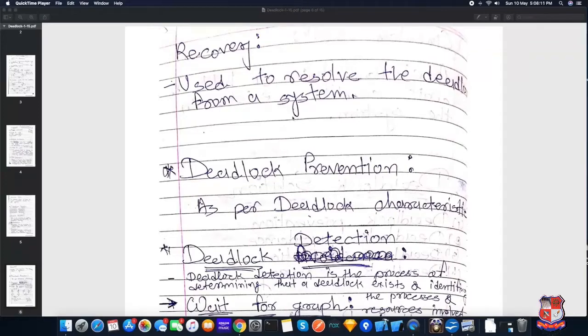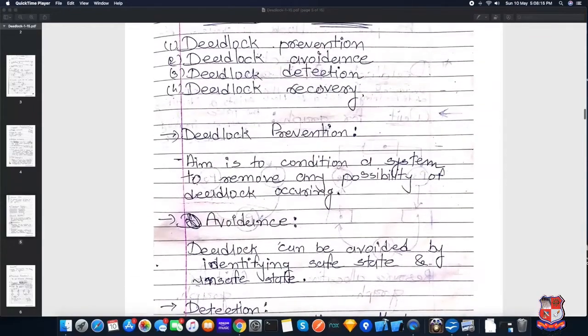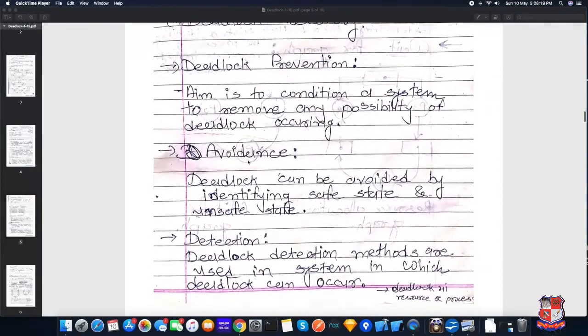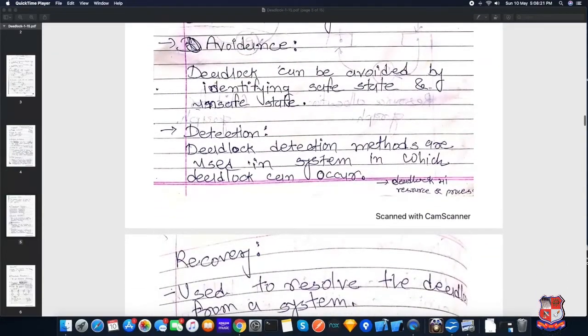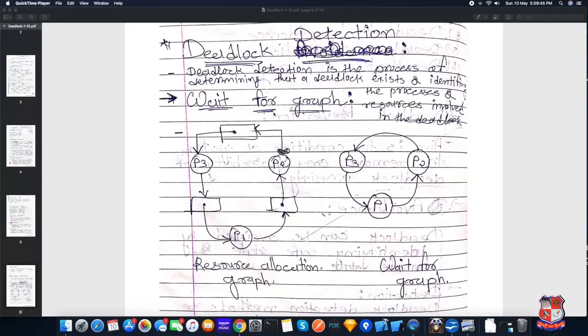So these are the four main concepts of deadlock solution: prevention, avoidance, detection, and recovery. Deadlock detection is the process of determining that the deadlock exists and identifying the processes and resources involved in the deadlock.